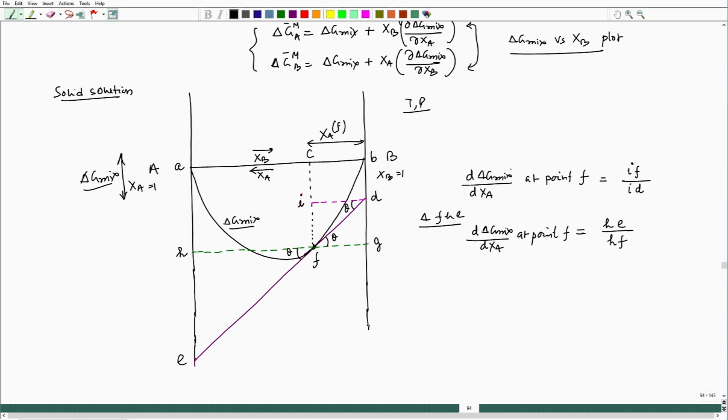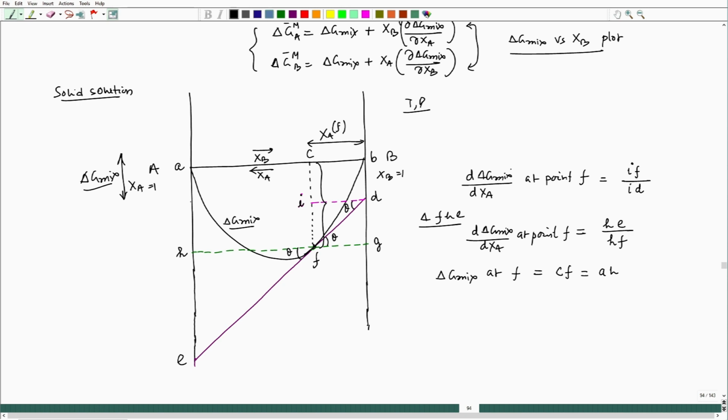Now, once I find that, delta G mix at F is nothing but Cf. Is that correct? This is the part I am talking about. So this is Cf. Cf is equal to AH, because it is a line between two parallel lines.